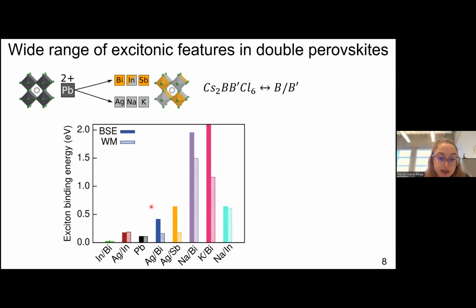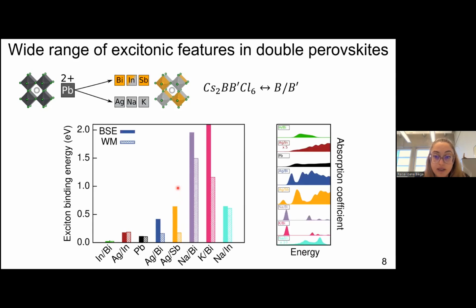then we get this picture over here, and we see that for some materials, the exciton binding energy that we get from our first principles calculation is very close to the Wannier-Mott one, but for some of them, those two are very different.